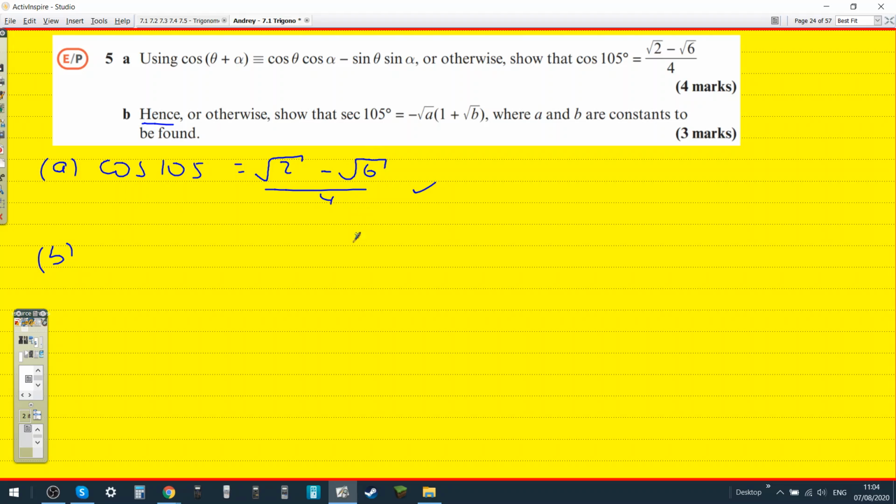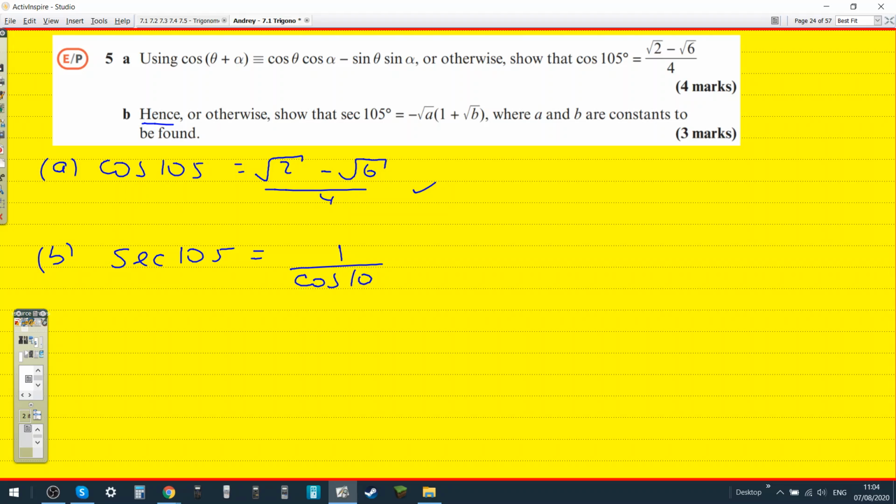So that's 1 over cos 105. Oh, and so will that be equal to 1 over root 2 minus root 6 divided by 4? Yep. Which is the same as flipping the fraction, whichever way you prefer.